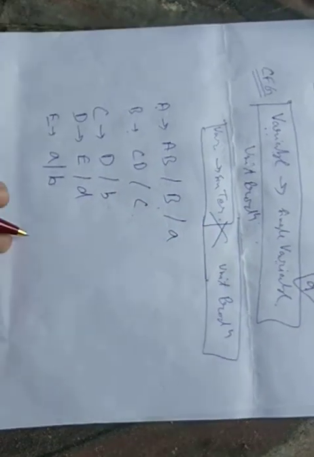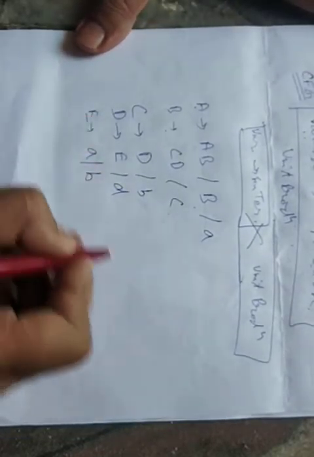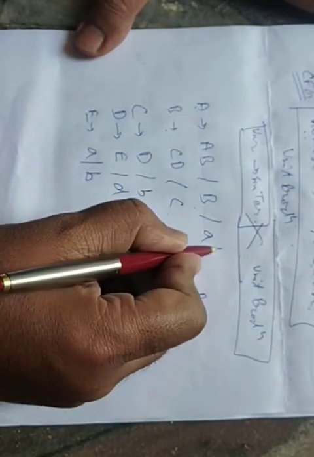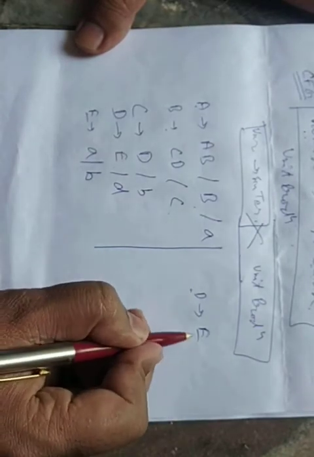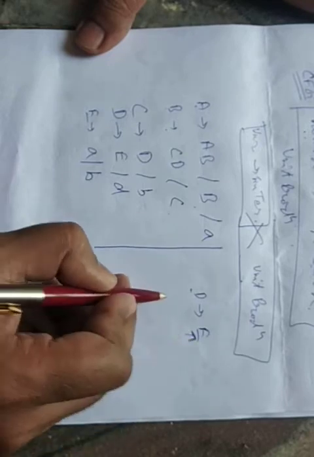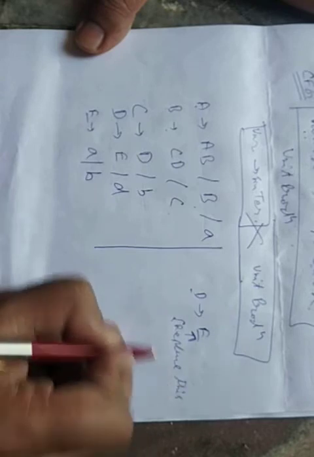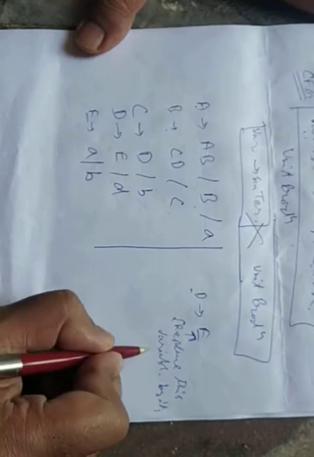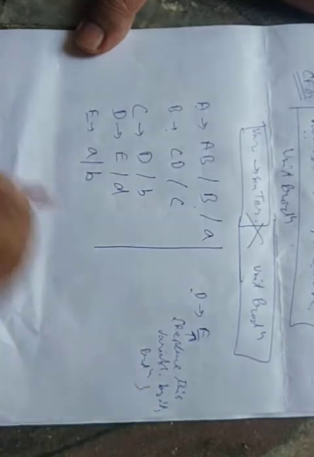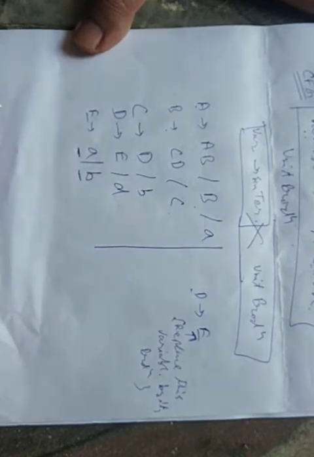Now let's try to remove them. Here I have D produces E, which is a unit production. What I am going to do is replace this variable E by its production rules, and the production rules are E produces A and E produces B. Be careful, you need to replace by all the rules.